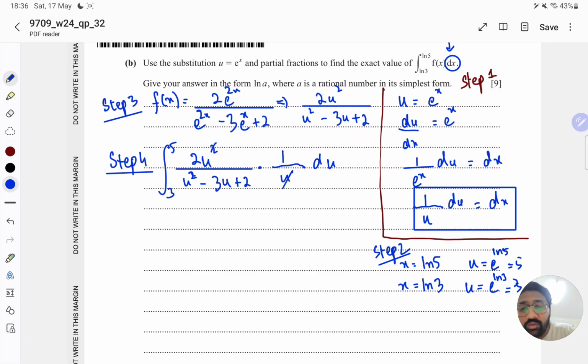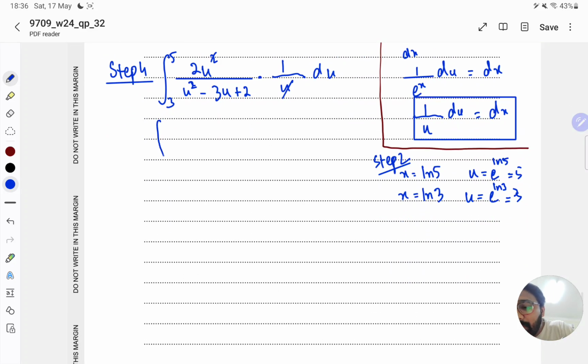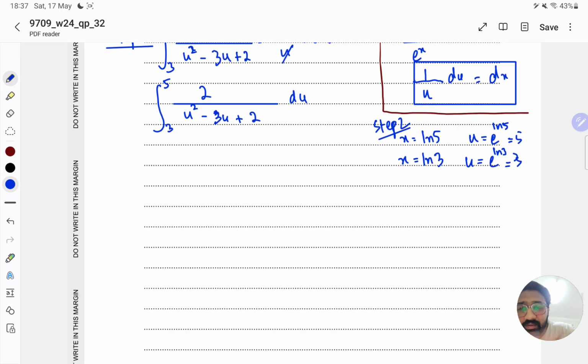This u and this u will simplify. I'll be left with 5 and 3. If I simplify, it will be 2 divided by u square minus 3u plus 2 du. Okay, so for this now I have to further simplify, but first I have to do the factorization.